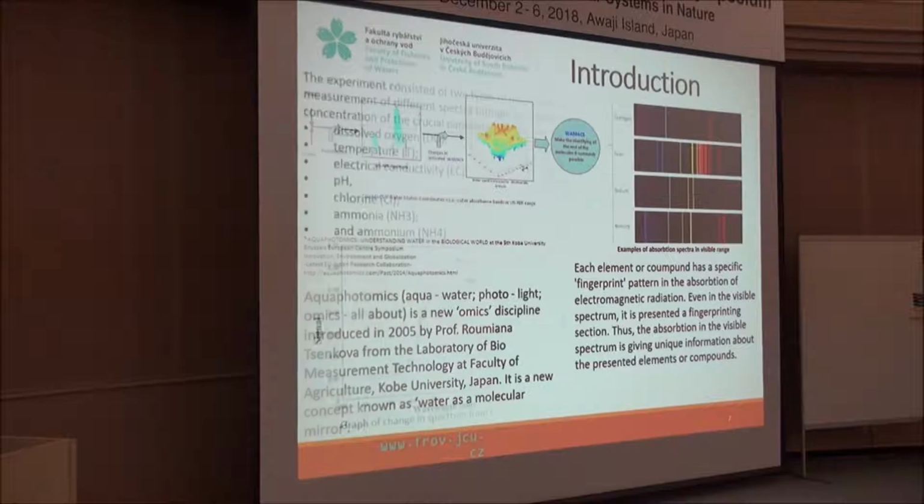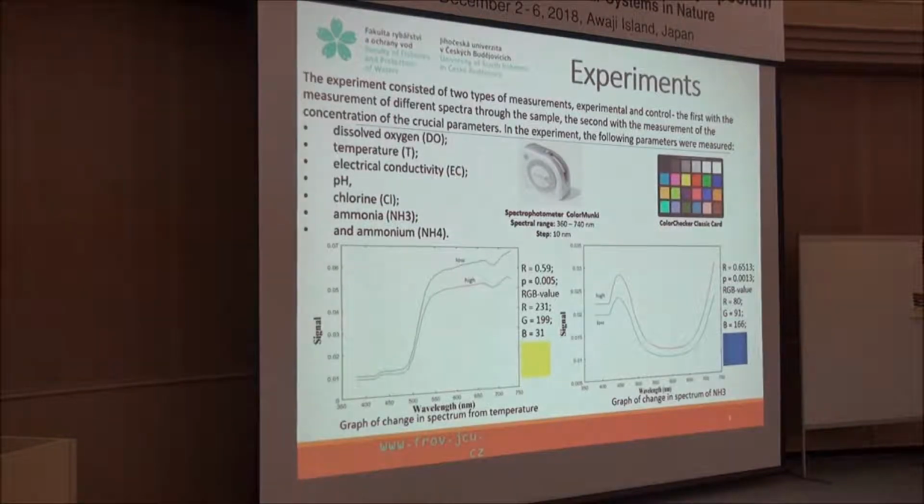In my experiments, I used the spectrophotometer Color Monkey, which can measure spectra in the range from 360 to 740 nanometers with a step of 10 nanometers. To increase the harvested information, I used the reflected spectra from different color etalons with known RGB values and known spectrum.